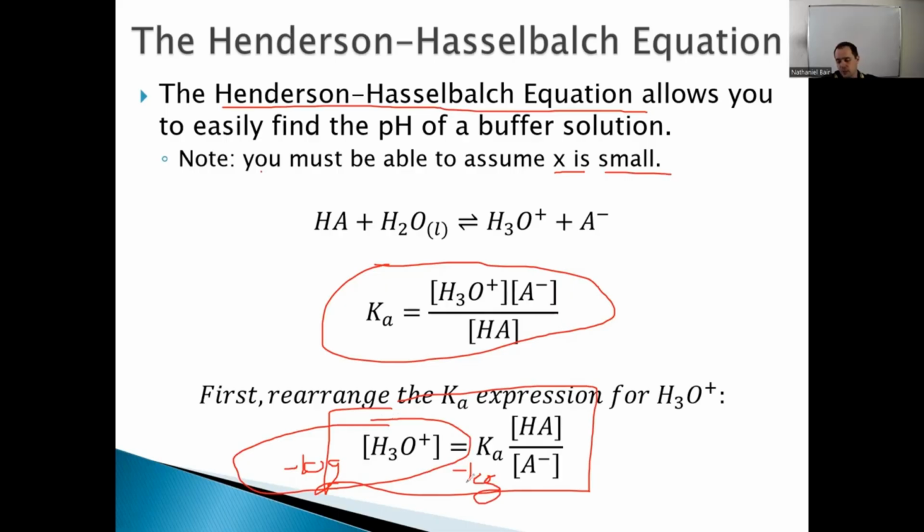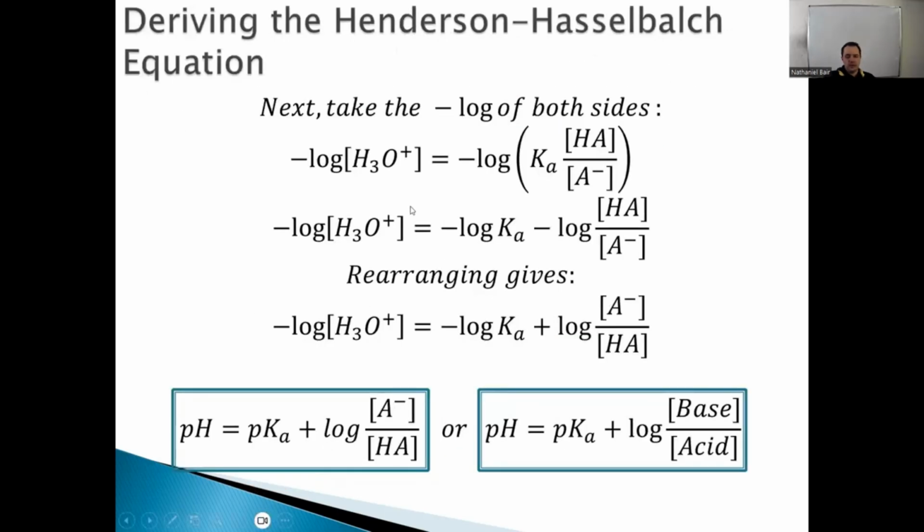Remember, you can do anything to an equation as long as you do it to both sides. If we take the negative log of both sides, we end up with a pH on the left, and then we're going to get pKa right here. So let's go to the next slide. So we end up with the negative log of H3O plus. Remember, when you multiply logarithms, you actually add. So that's what they did here.